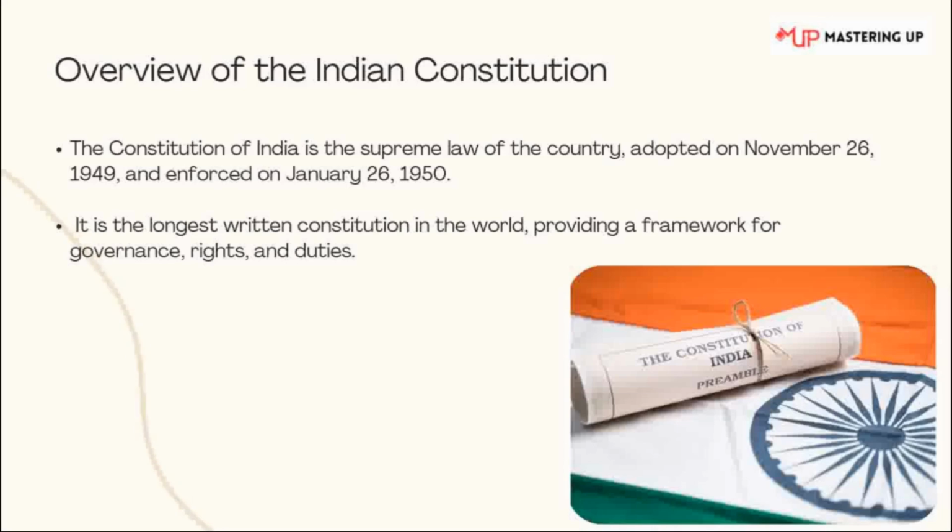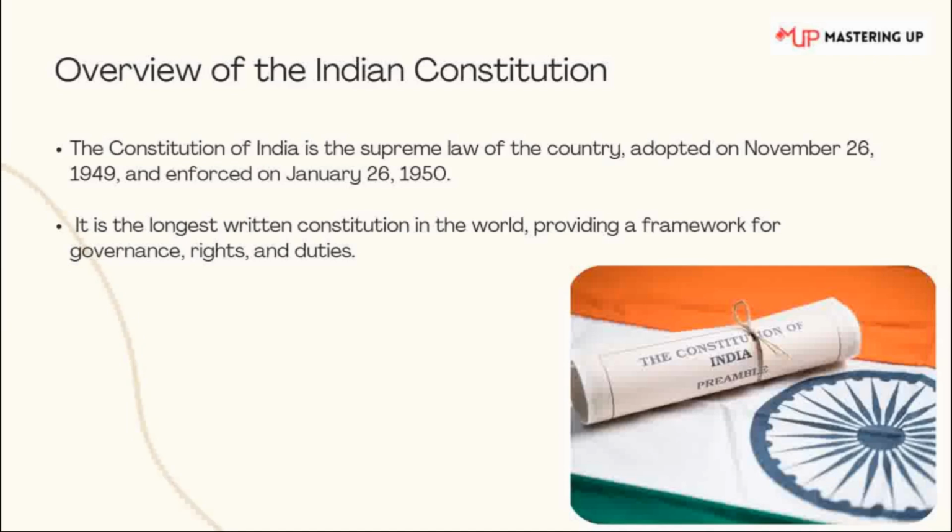The Indian Constitution is the supreme law of the country, adopted on November 26, 1949 and enforced on January 26, 1950. November 26 is celebrated as Constitution Day and January 26 is celebrated as the Republic Day of India.